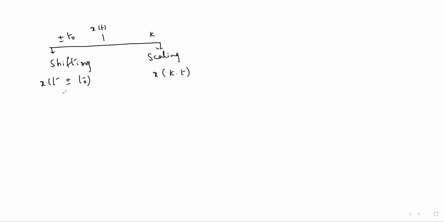And if I want to scale the shifted version by constant k, what should I write? Whereas if I want to shift the scaled version by plus or minus t naught, what should I write?